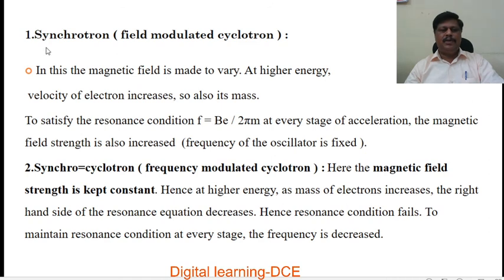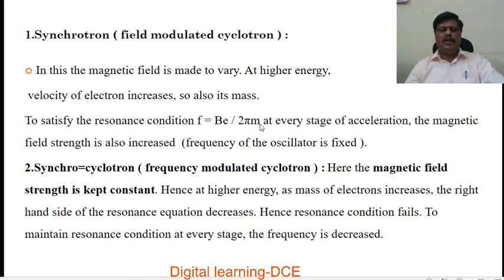So there are two types of the cyclotron. One is the synchrotron and the second one is the synchrocyclotron. In the synchrotron, the magnetic field is made to vary and the frequency of the oscillator is fixed, to satisfy the resonance condition f is equal to B by 2 pi m.